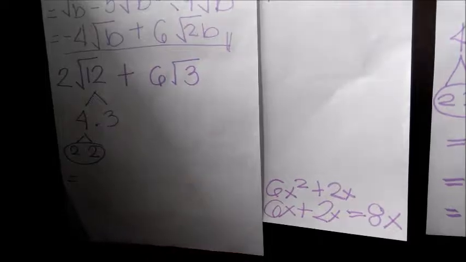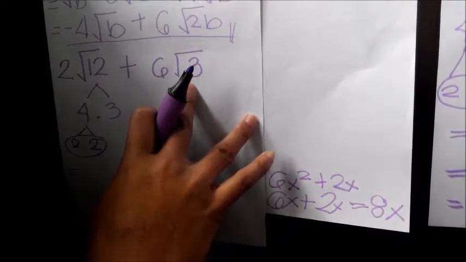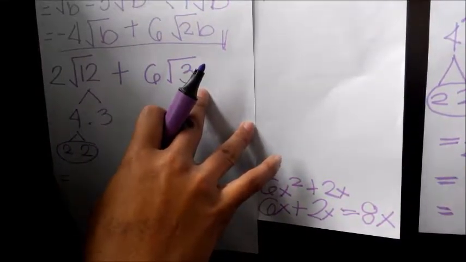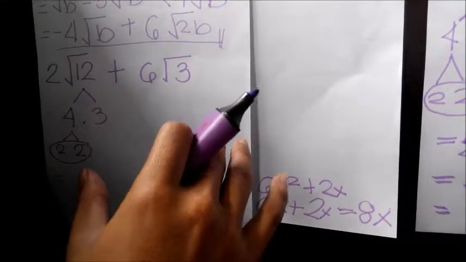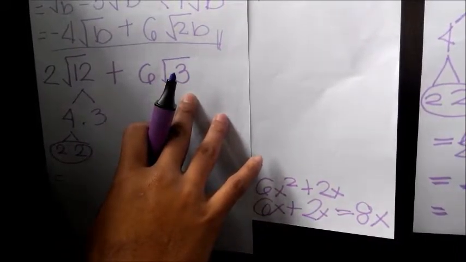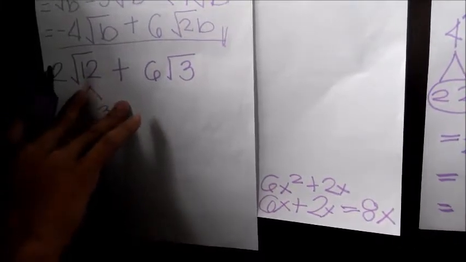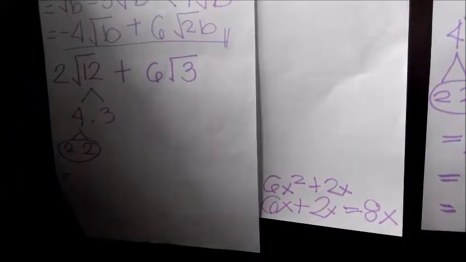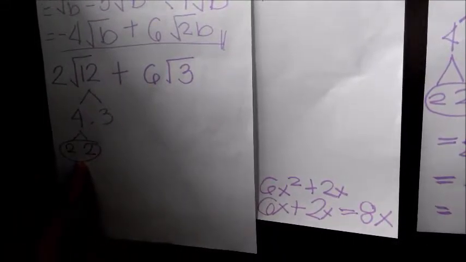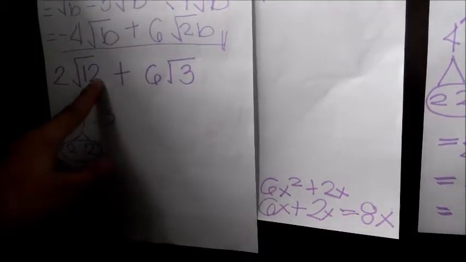We observe that the square root of 3 is in the lowest terms, it is not a perfect square, so we simply factor out the square root of 12, and we come up with the factors 2 times 2 times 3, which is 12.